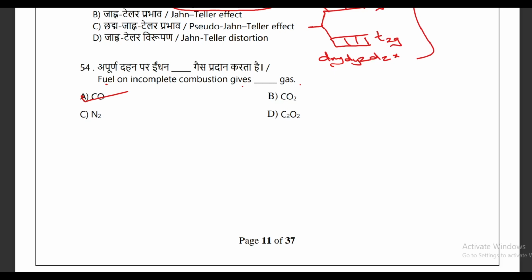This happens because there is not enough oxygen to fully oxidize the carbon in the fuel to convert it into carbon dioxide. Okay, and incomplete combustion can also produce other harmful substances such as soot and various hydrocarbons, and in this question the correct answer is carbon monoxide, which is produced due to incomplete combustion.